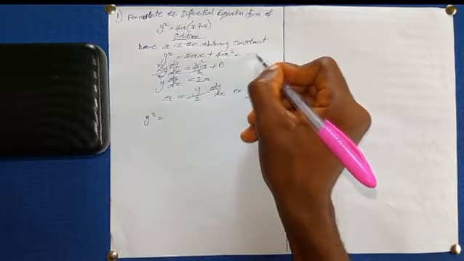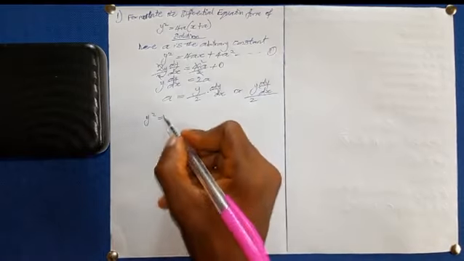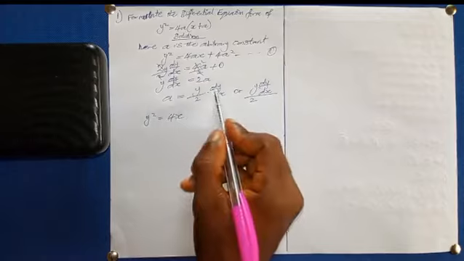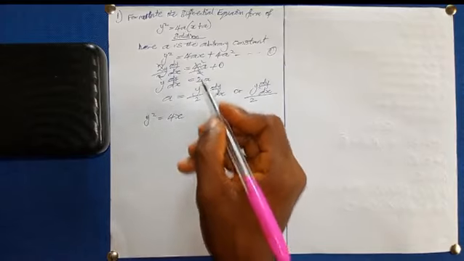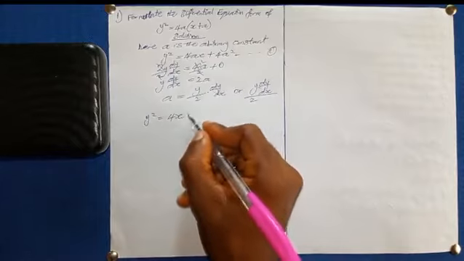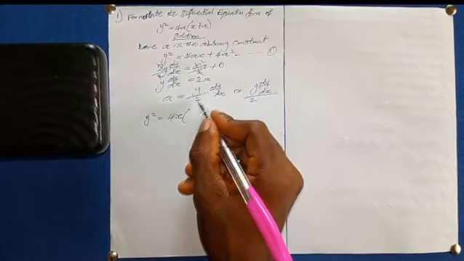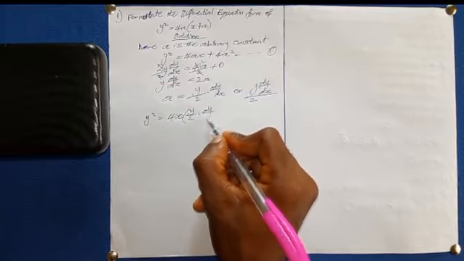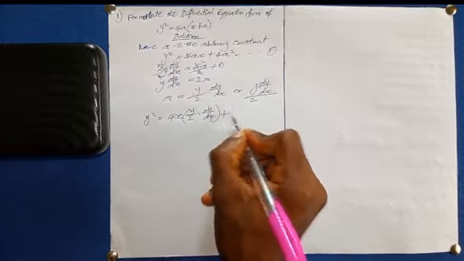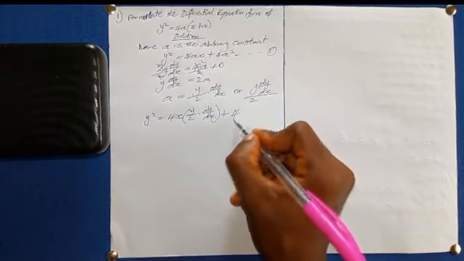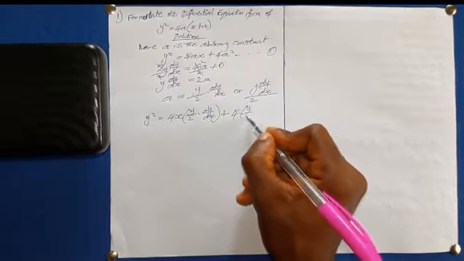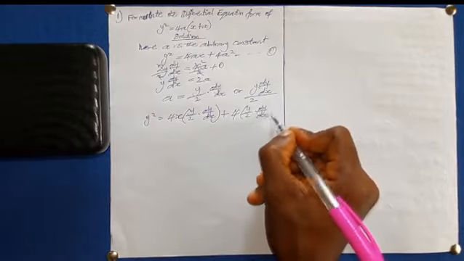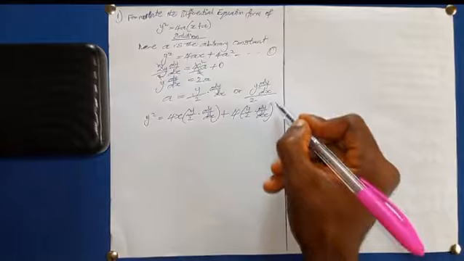Going back to equation 1, that will be 4x, and since this is a, any place you see a, you impute y over 2 times dy over dx, plus, remember the equation we are using, 4 times y over 2 times dy over dx, and don't forget to put your square because square was here.